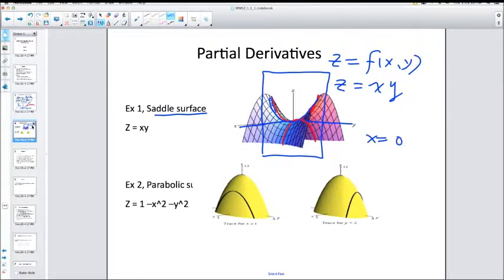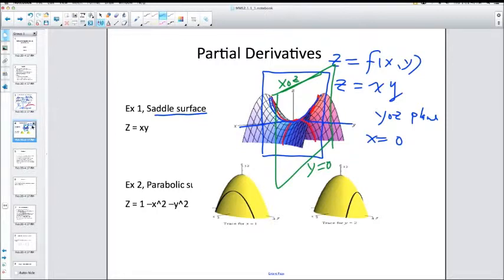That's the YOZ plane. You cut the surface, you get one curve. Now let me cut this by another vertical plane, y equals 0, or you can call it the XOZ plane. Then we get this red curve.